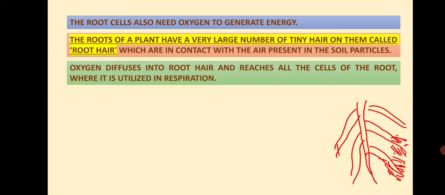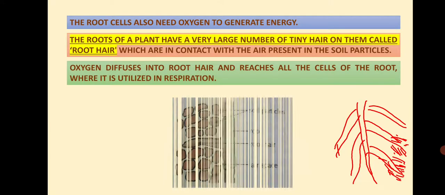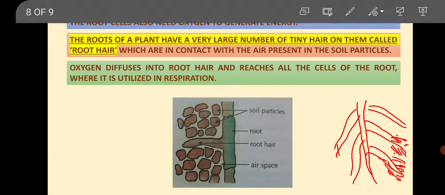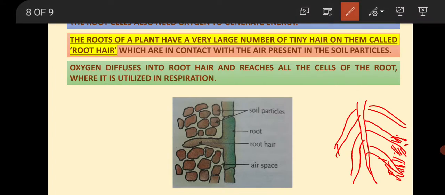The root hair are in contact with the air present in the soil particles. So here you can see that this is the root hair and it is in contact with the air space. That means all these spaces are occupied by air, so it is always in contact with the air present in the soil particles.